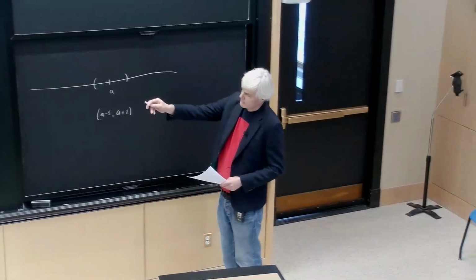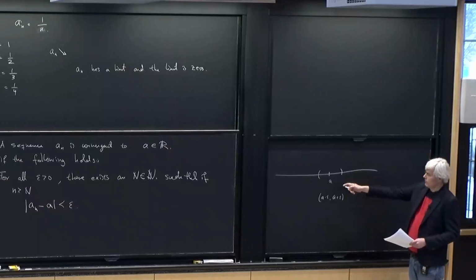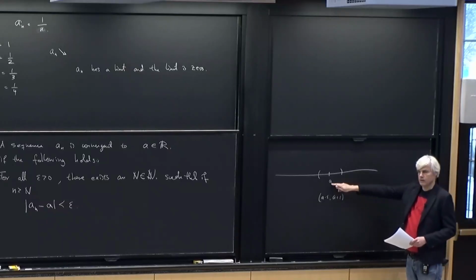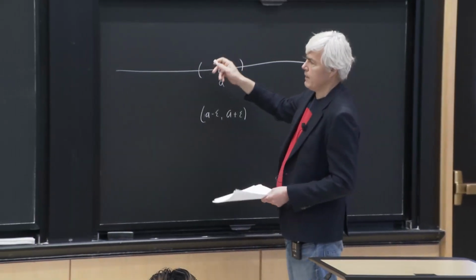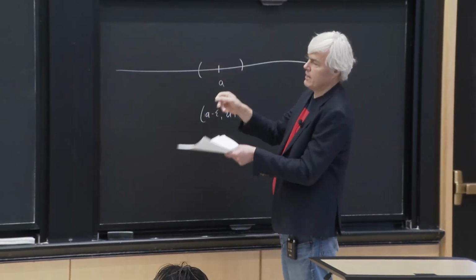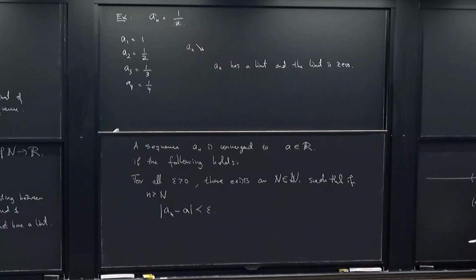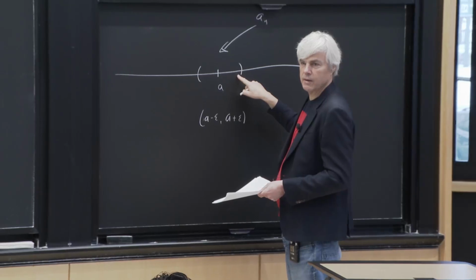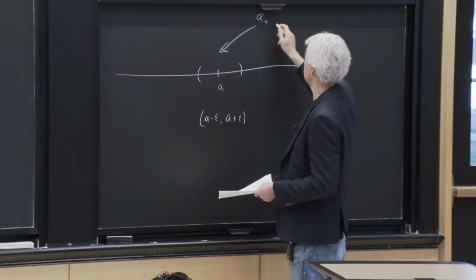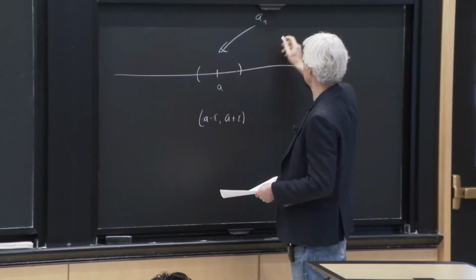The claim is that the sequence a_n is converging to A if there exists some N so that if little n is larger than this capital N, then all of these a_n land somewhere in this little interval.